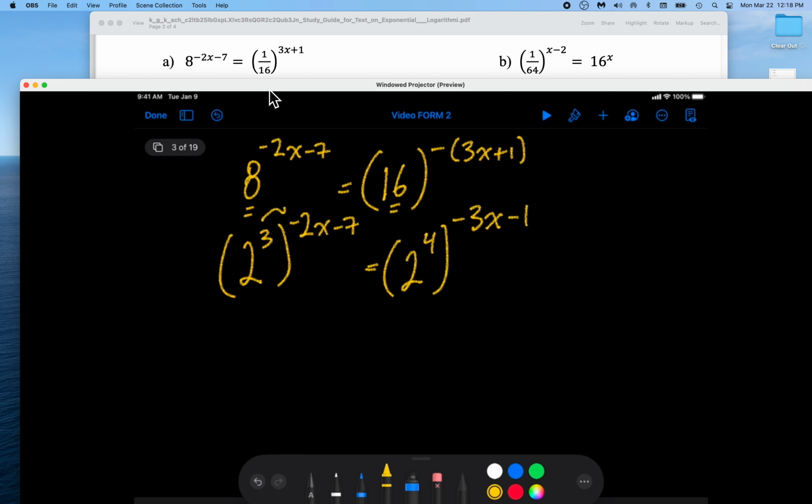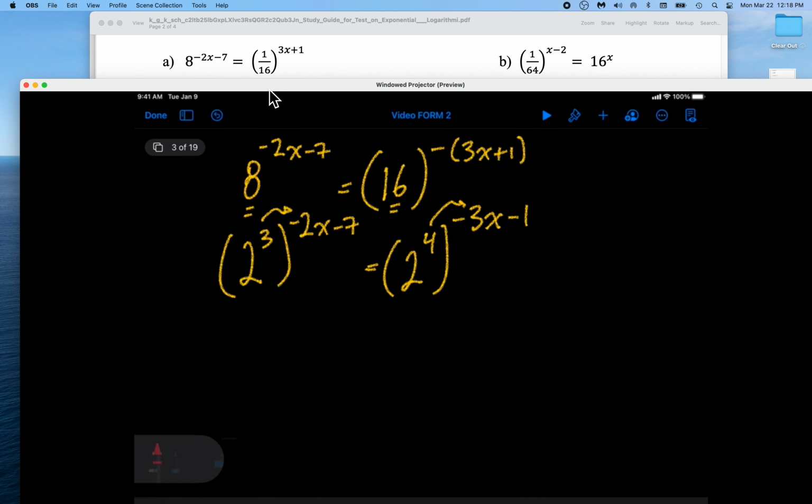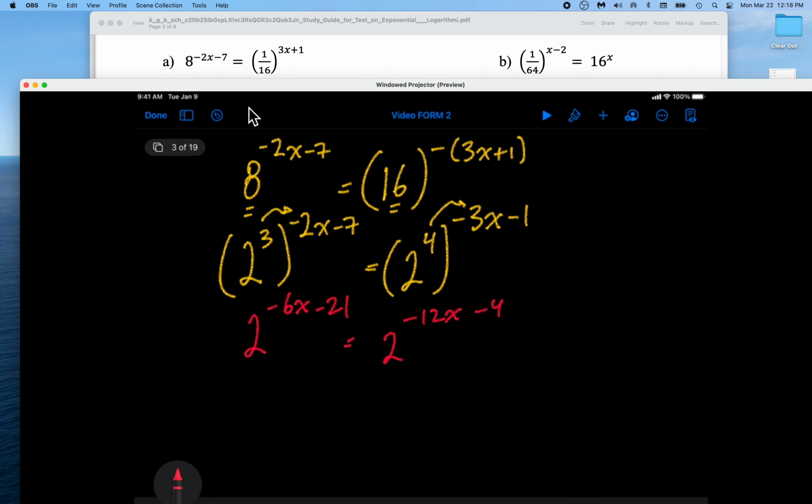Now I'm going to distribute the power rule on both sides. The fact that these have common bases and this is an equal sign means we place these equal to one another.